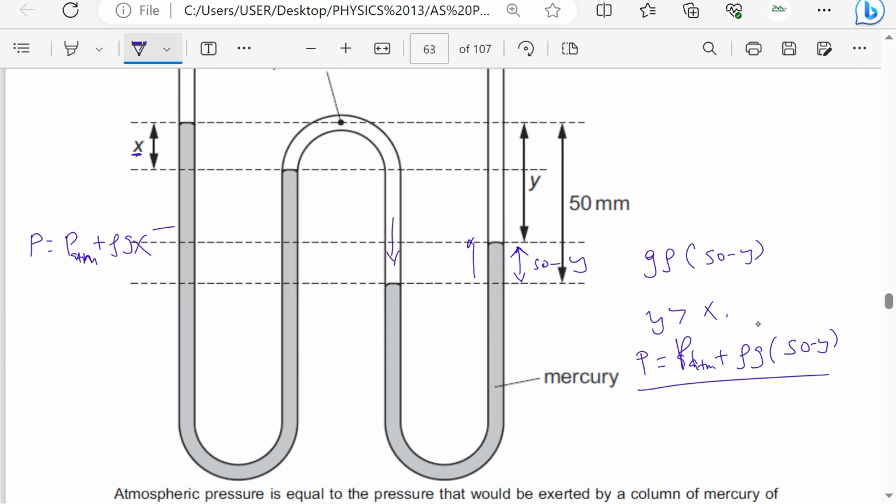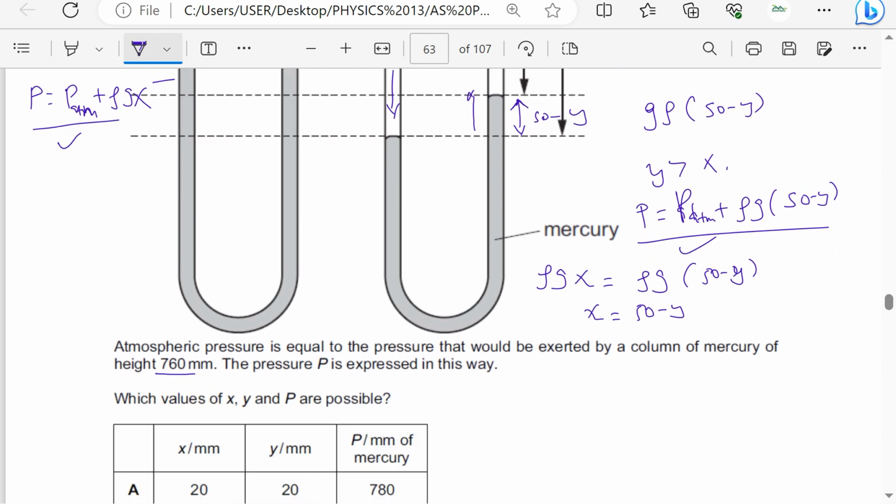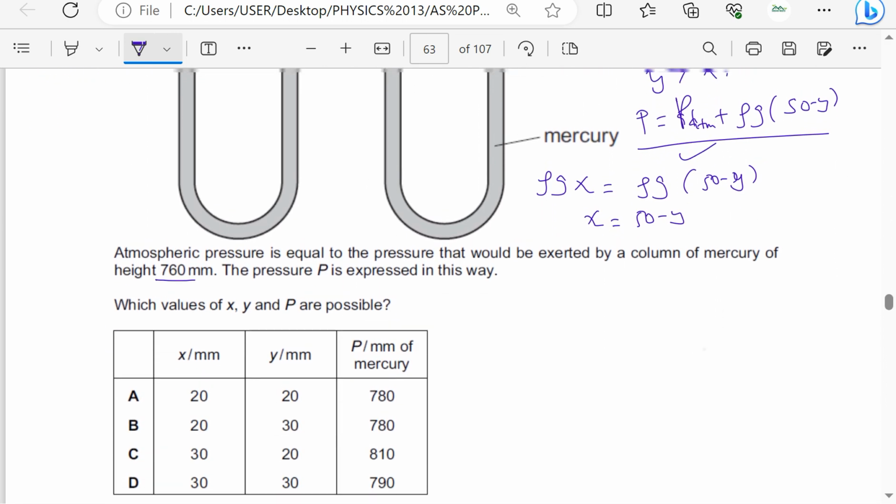So these two equations should be equal. When I equate them, P disappears, the pressure due to the atmosphere disappears. I remain with rho G x equal to rho G times 50 minus y. So X is equal to 50 minus y.